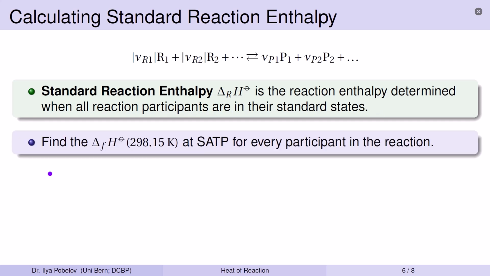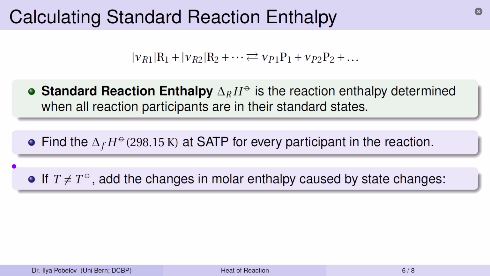If you want to calculate this reaction enthalpy for a particular reaction, you start by finding the standard enthalpy of formation at SATP for every participant in the reaction. These data can be sourced from various reference materials.